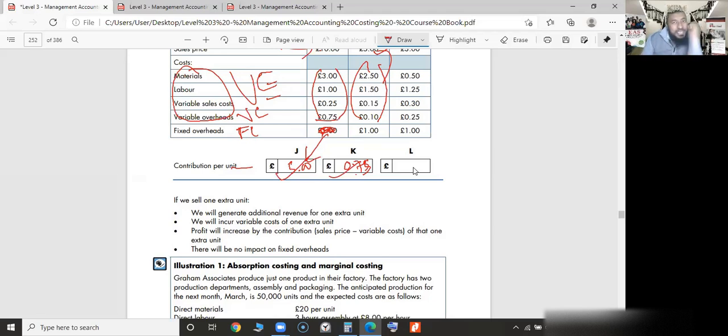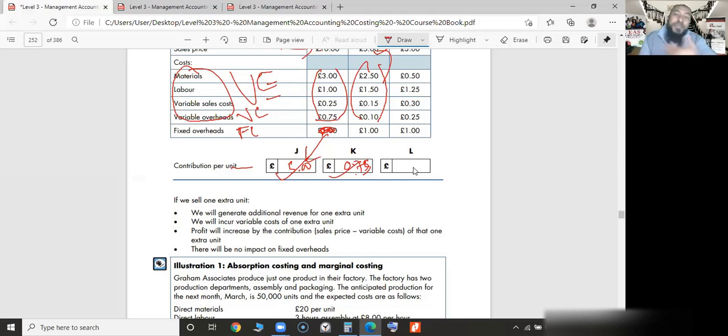Any product that is giving you contribution, you should keep producing it. I repeat, the product which gives you contribution, you should not stop it. Maybe the product is not profitable after deducting fixed costs. But if it gives you contribution, you should keep producing it. Why? Because fixed costs are going to occur anyway, whether you produce that product or not.